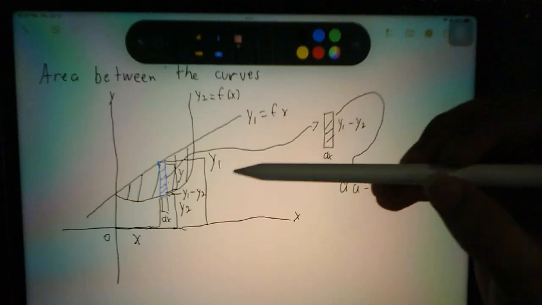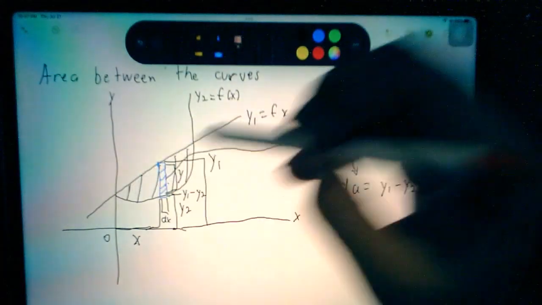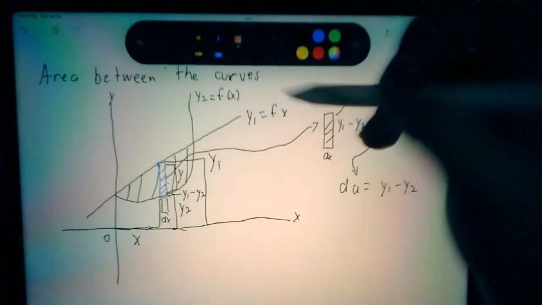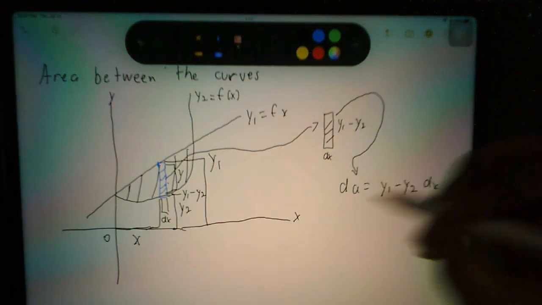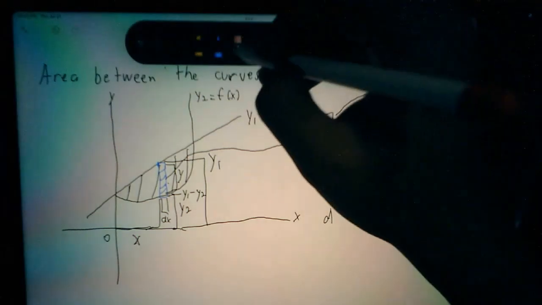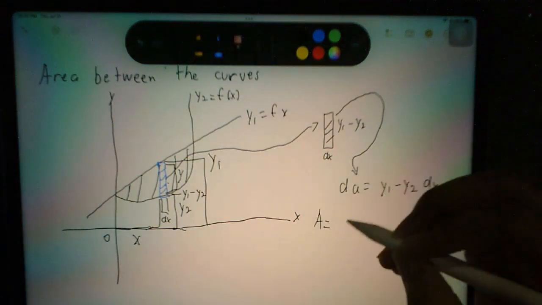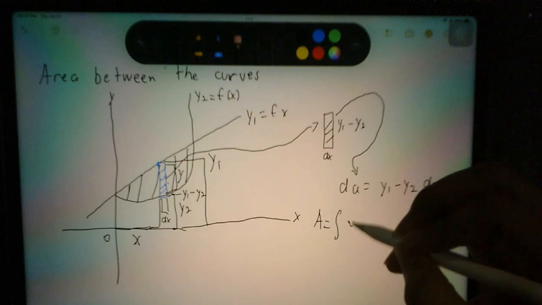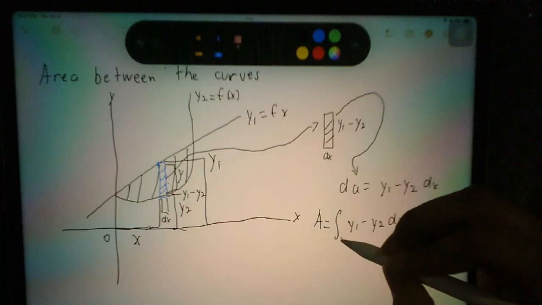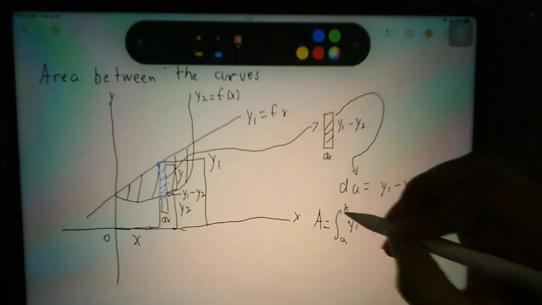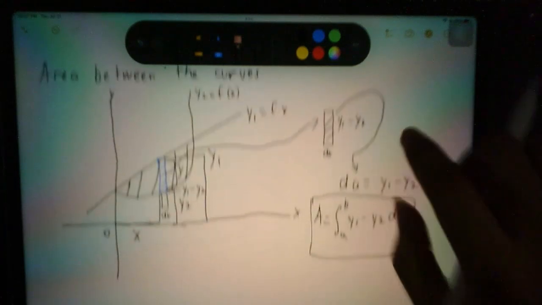It depends on you which curve you label as y1 or y2. The integral of this area between the curves is just the integral of y1 minus y2 dx, with limits from a to b. So this is our formula for area between the curves.